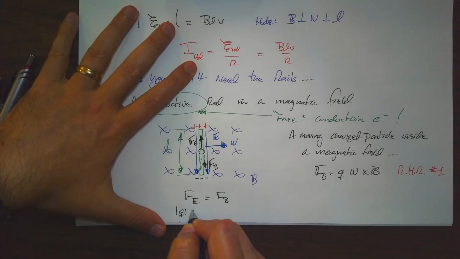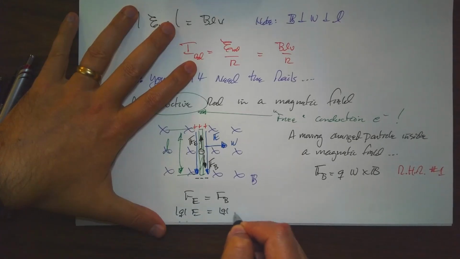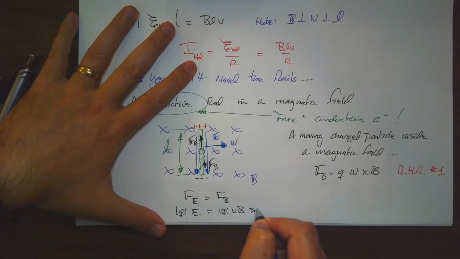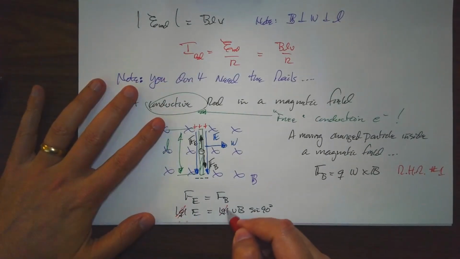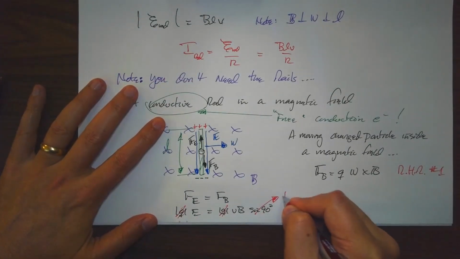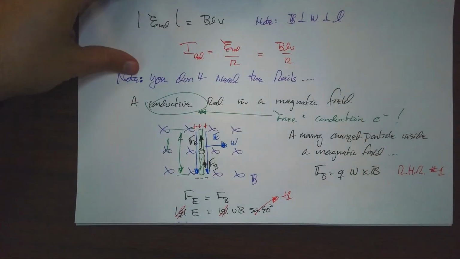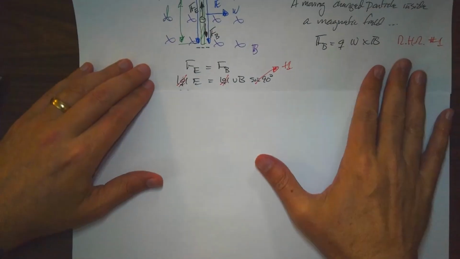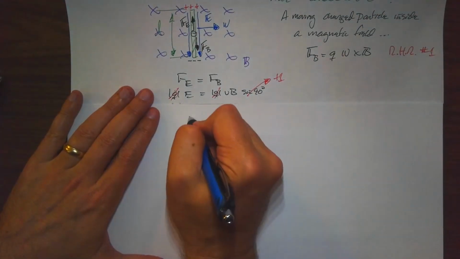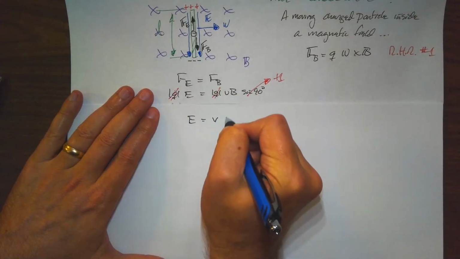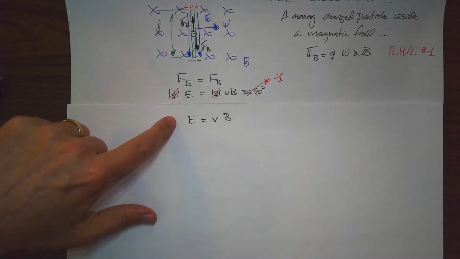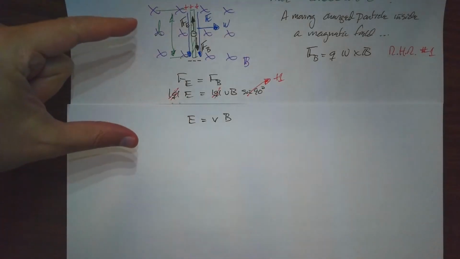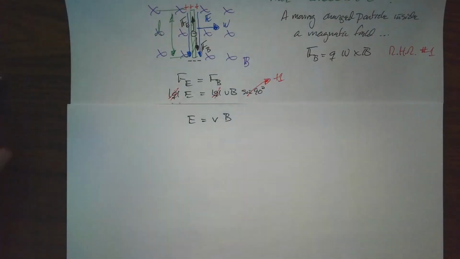So this is Q times E equals QVB times the sine of 90 degrees. The Q's will drop. The sine of 90 is plus 1. And what we get is that E, the electric field magnitude, is V times B. Then the electric field will be equal to the potential difference divided by the plate spacing, the way we usually talked about it.